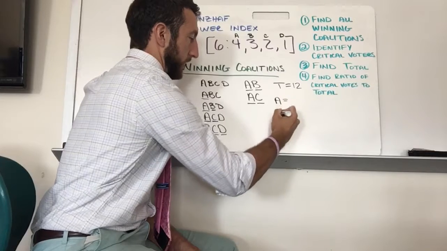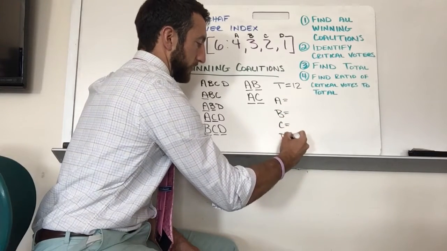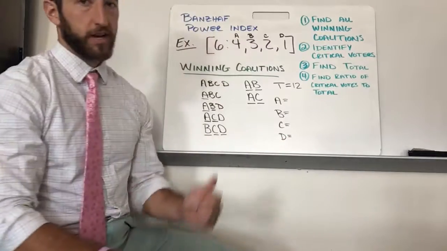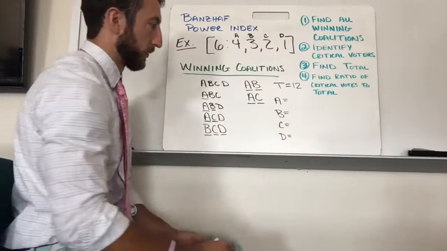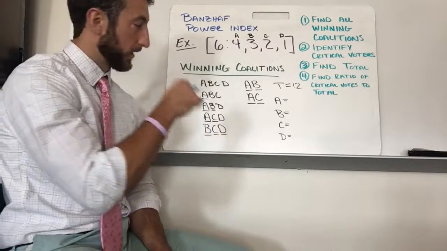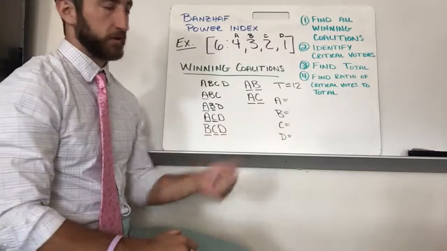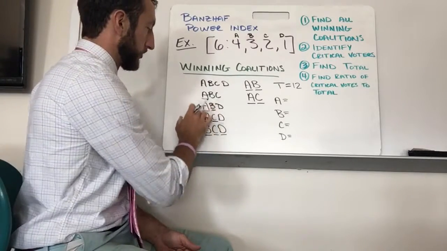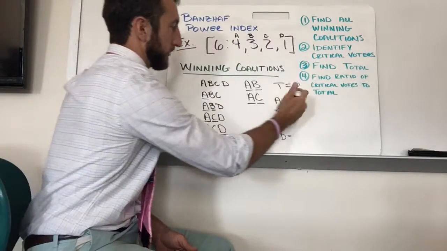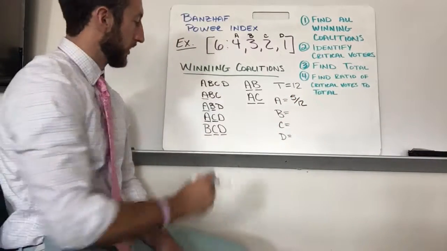So I'm going to find the Banzhaf Power Index for each of these voters. The way that I do that is I count however many times they were underlined in our winning coalitions, and that's going to be my numerator, and the 12 is going to be my denominator. So 1, 2, 3, 4, 5, so 5 out of 12 for A.